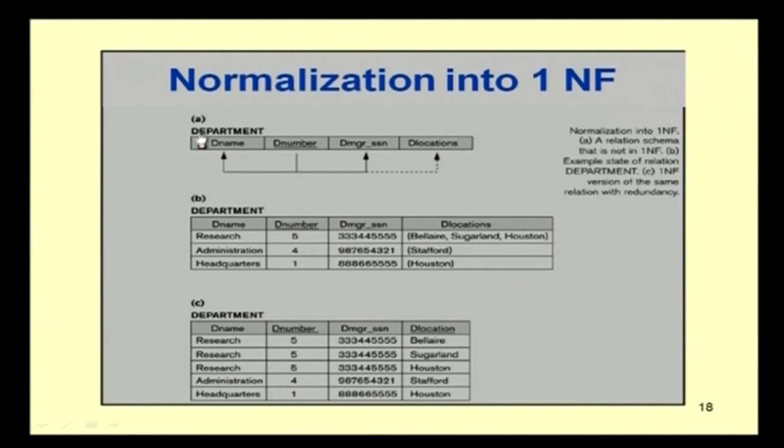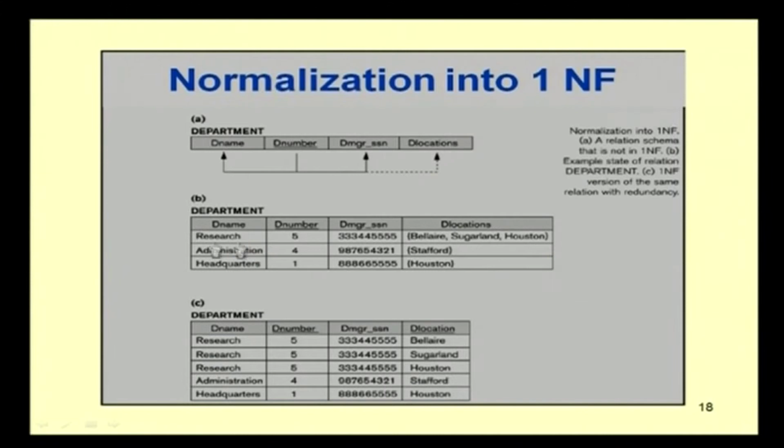In this example you have department, department name, department number, department manager SSN and department locations. The problem is that this schema has been populated with instances. The research department number is 5, the department manager SSN is something, but the locations are in 3 places. So, this is a multi-valued attribute.